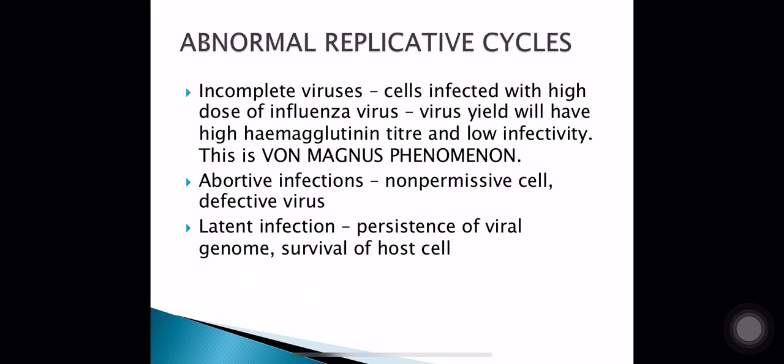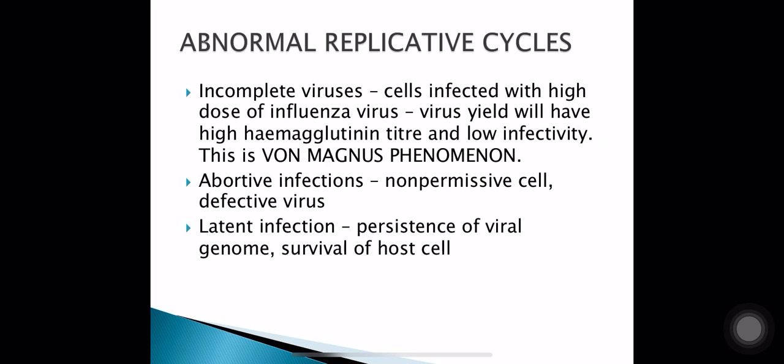Because of this system overload on the host cell, defective viruses will be produced, some lacking in something, some lacking in something else. Such distorted, broken viral progeny will be produced, and this kind of abnormal replicative cycle is known as the von Magnus phenomenon, in which incomplete viruses are produced.